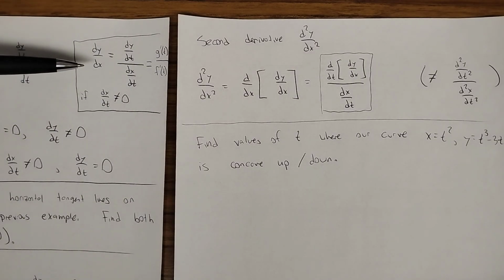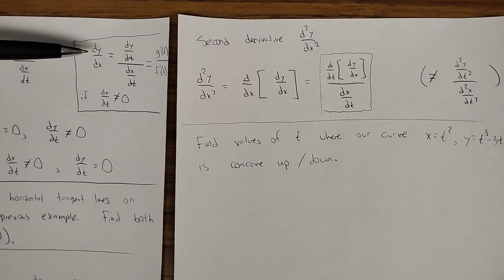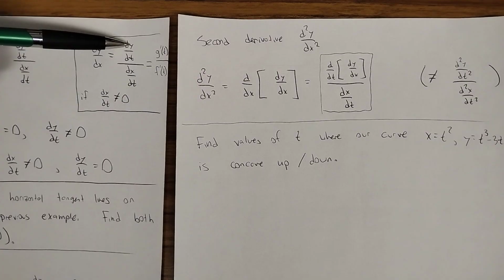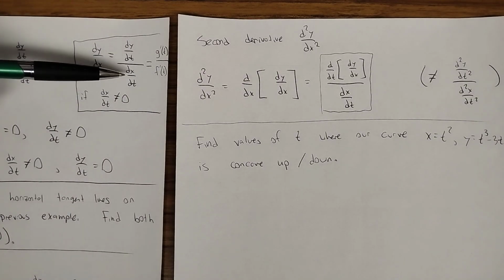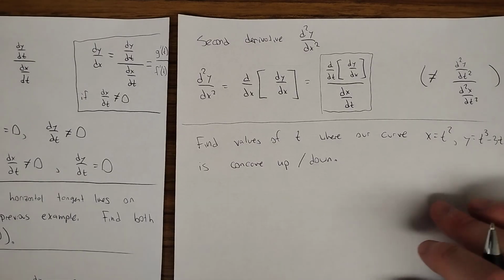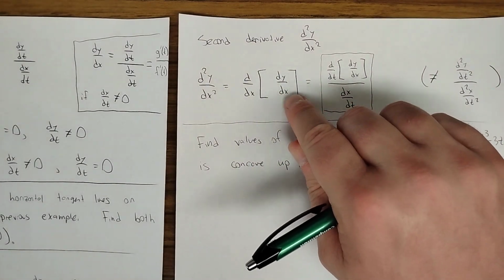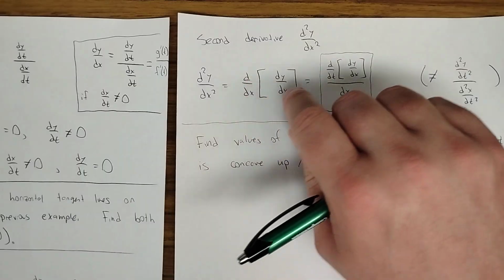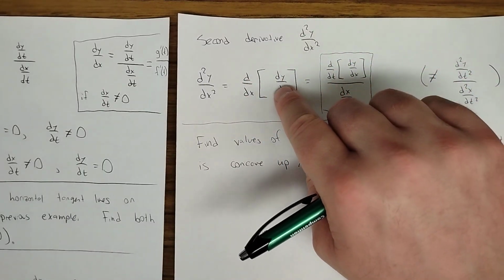Well, we did that once before when we were taking the derivative of y with respect to x. We did the derivative of y with respect to t, and then we divided it by the derivative of x with respect to t. So what I want to do now is the derivative of this thing with respect to x.